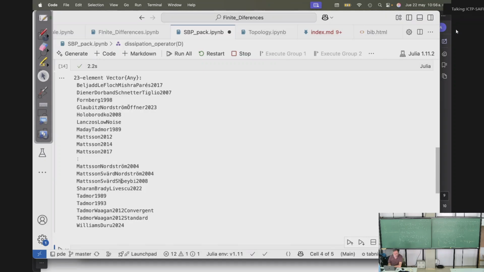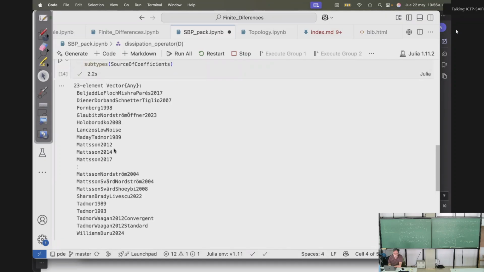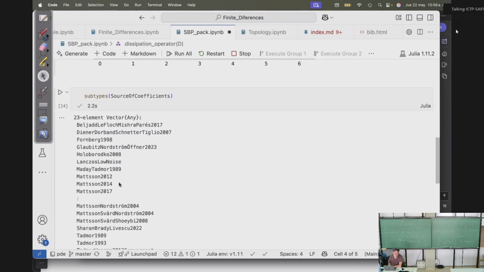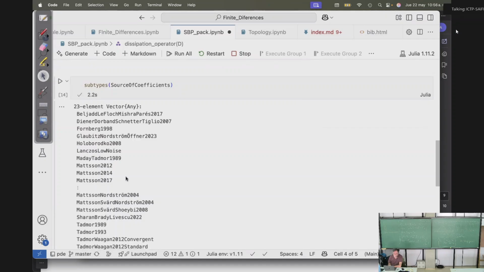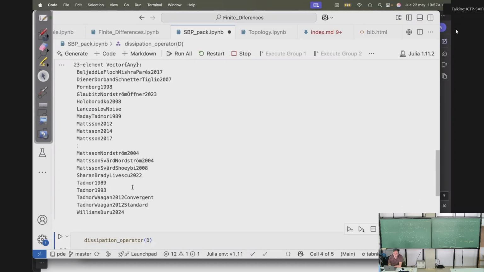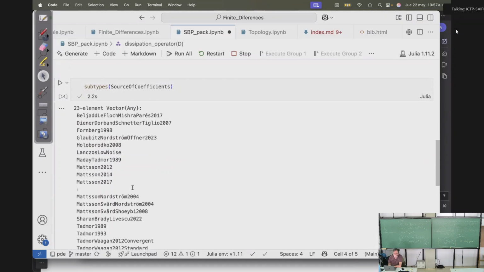They do not have equally spaced points. For instance, the newer Mattsson ones do not have equally spaced points. And there are many which I don't know what they are. Diener, Dorband, Schnetter, Tiglio, these are the ones.